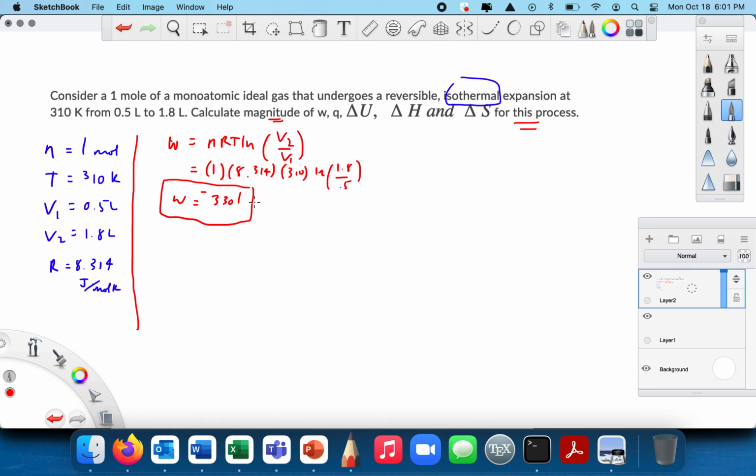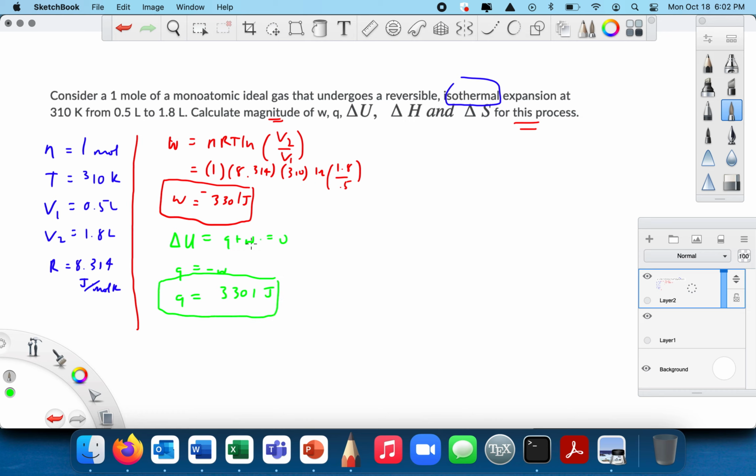Now, we also know that for an isothermal process, delta U is equal to Q plus W, which is equal to 0. And so Q is equal to negative W, so Q is equal to positive 3301 joules. That's the heat.